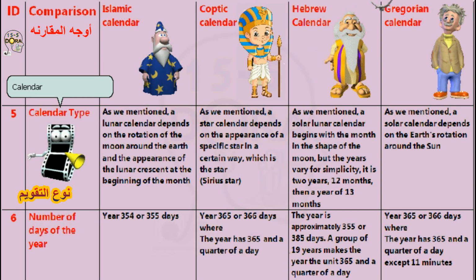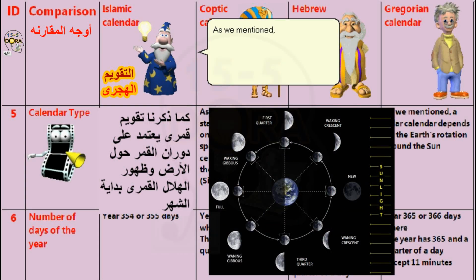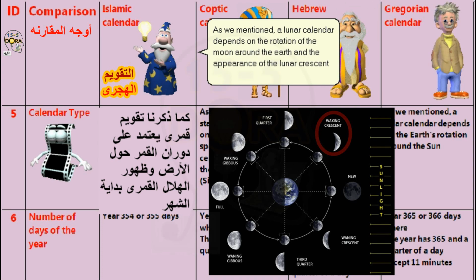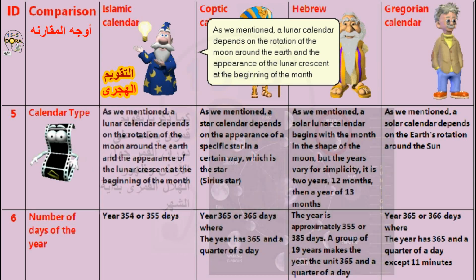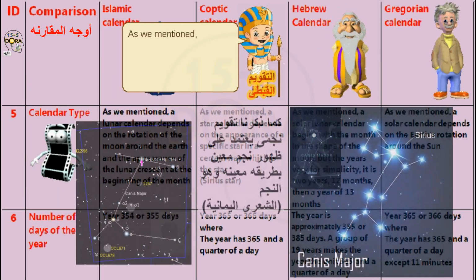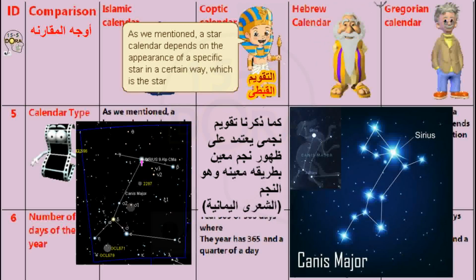5. Calendar type. Islamic calendar: as we mentioned, a lunar calendar depends on the rotation of the moon around the Earth and the appearance of a lunar crescent at the beginning of the month. Coptic calendar: as we mentioned, a star calendar depends on the appearance of a specific star in a certain way, which is the star Sirius.